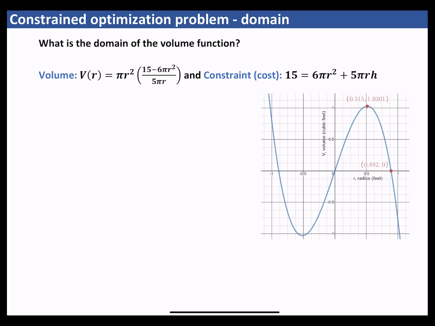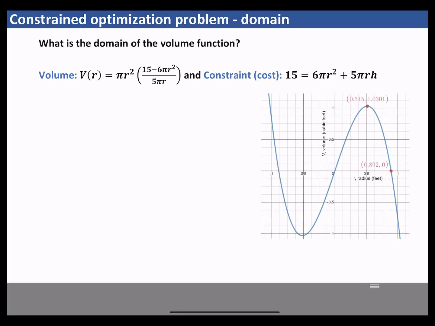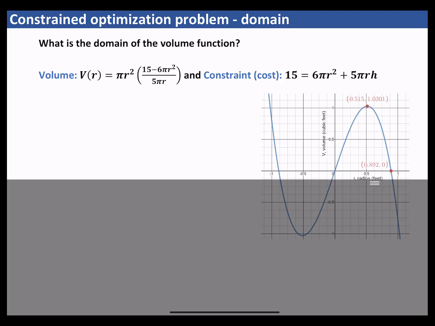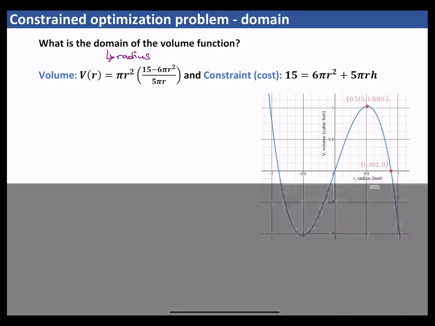First of all, think in the context of this problem. The domain is the radius. If we wanted to estimate the domain, we could graph our volume function, and we know that the smallest radius that would make sense would be 0, and then the greatest radius that would make sense.